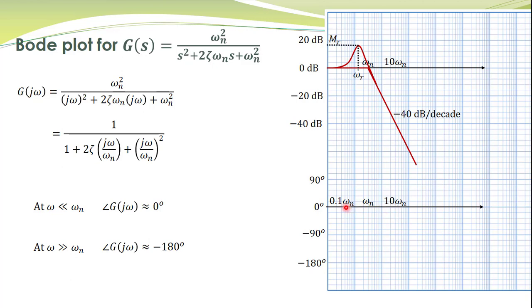Up to this frequency, the phase angle is 0, and for frequencies higher than this frequency, the phase angle is minus 180 degrees, and in between these two frequencies we join these two lines by a straight line. So this is the asymptotic phase plot for this second order factor.